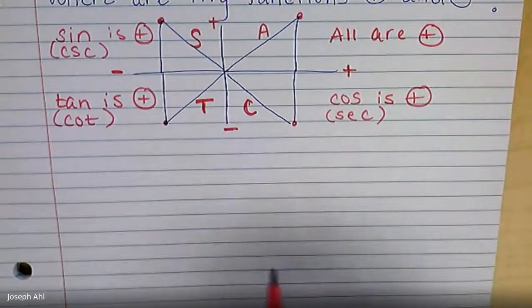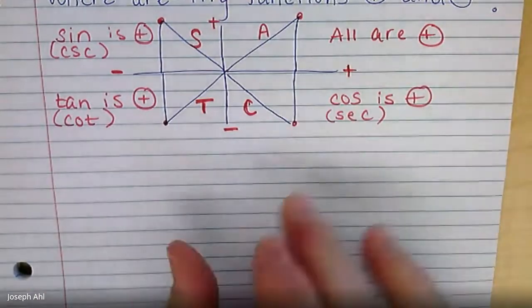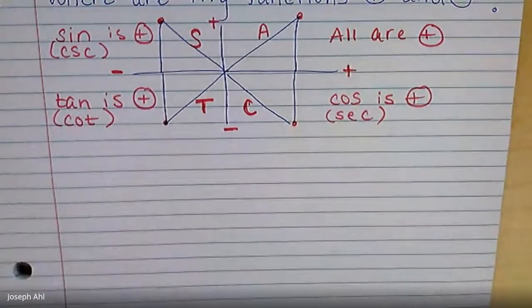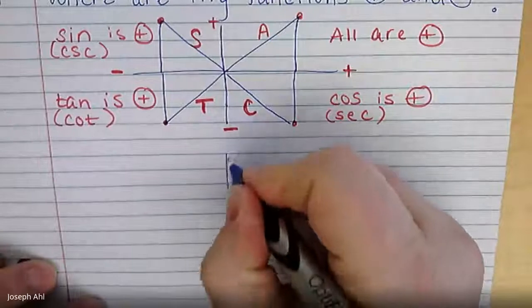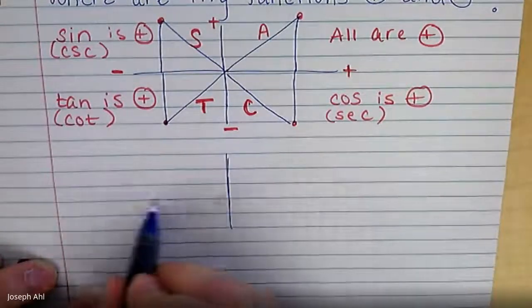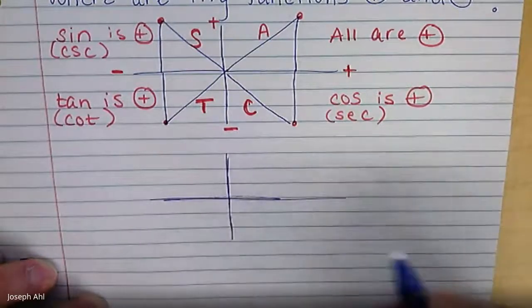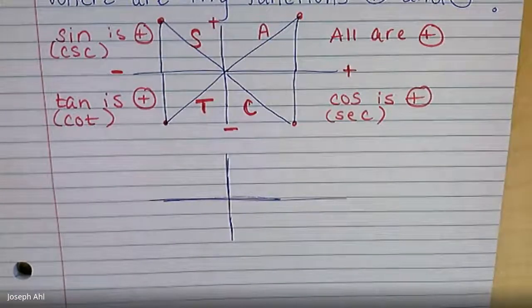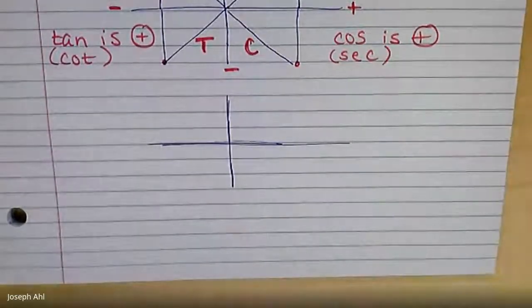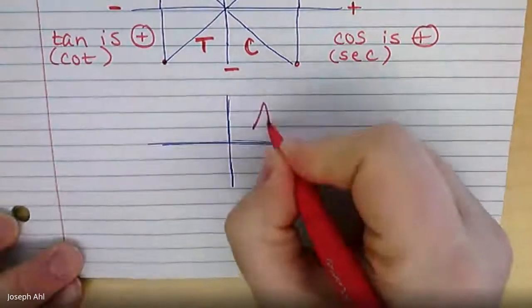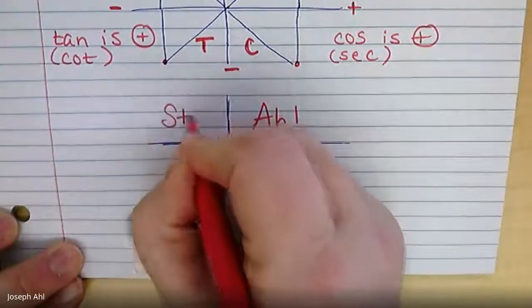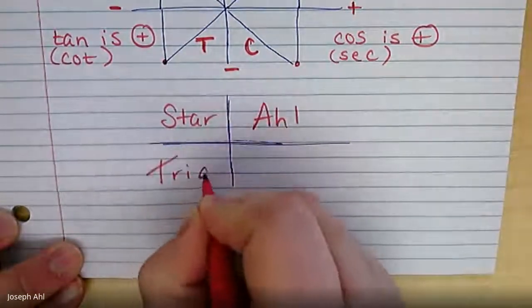So we're going to get into this in just a few moments, where we use this idea to help us decide whether we're positive or negative in the end. But the best way to remember where certain trig functions are positive and where they are negative is that for the next couple weeks of trig, you are going to be my all-star trig class.